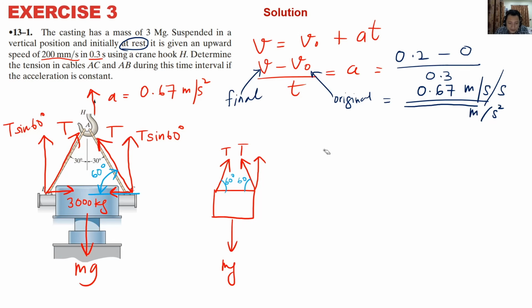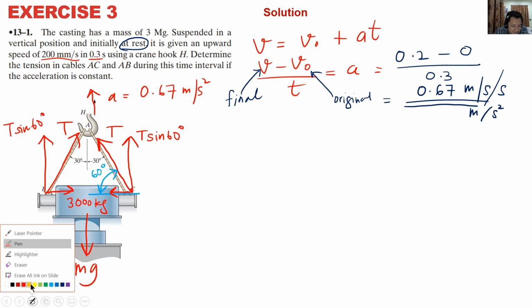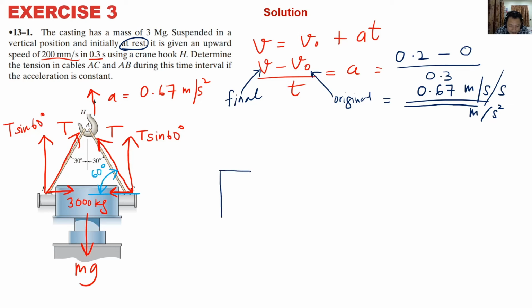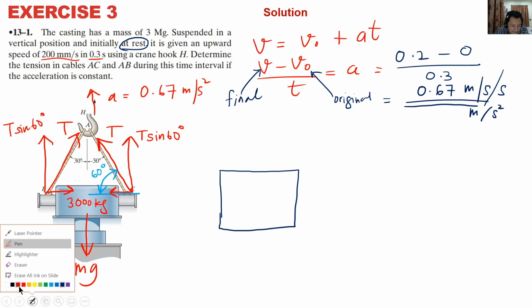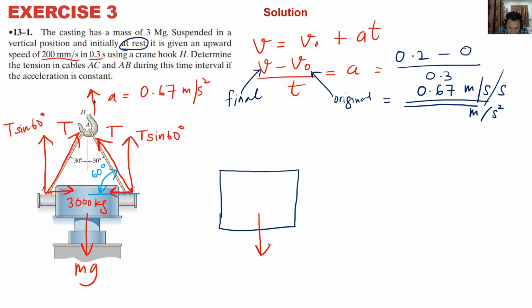It doesn't look good. Draw again, bigger. This is our block. I'm going to draw a big one. This is our mg equals mass times 9.81.